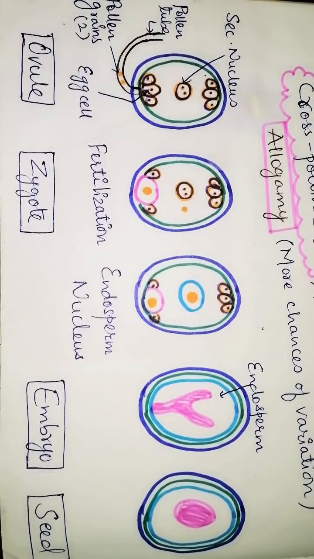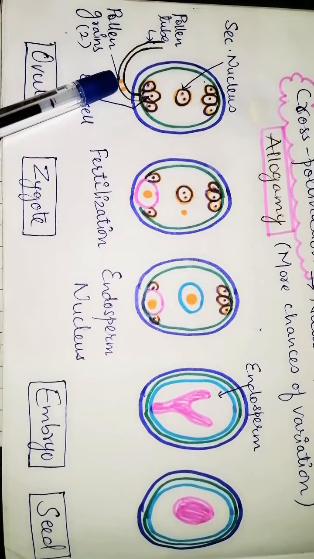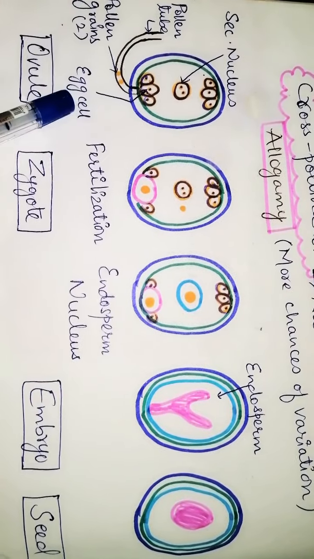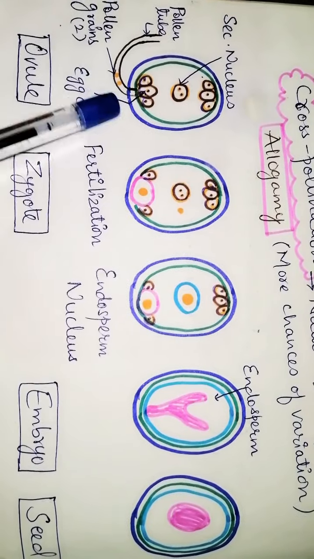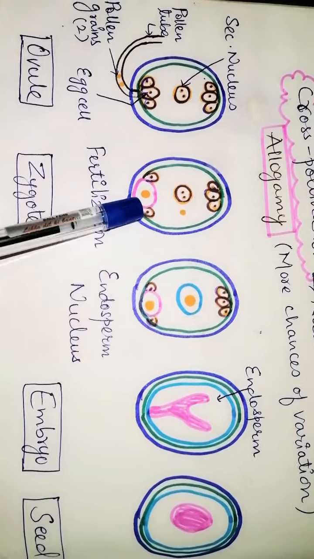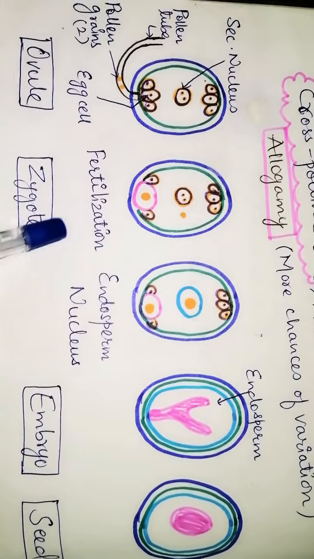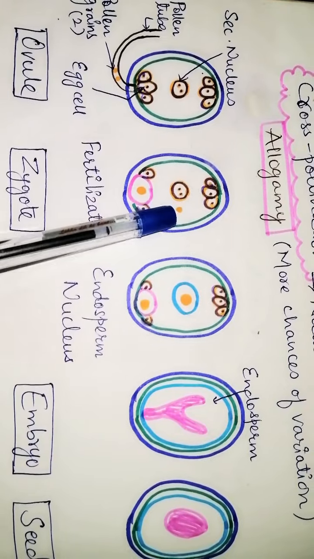Now this is fertilization, that is the fusion of male, that is pollen grain, and female, that is egg cell, gametes. The fusion of male and female gamete is known as fertilization, and due to this fusion a zygote is developed.